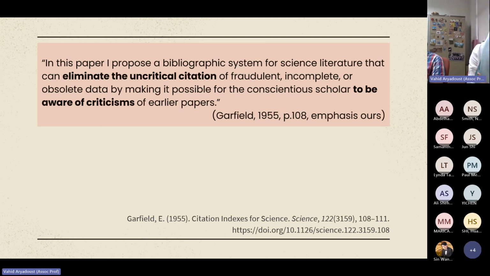Eugene Garfield, who started this whole idea of citation, started it for eliminating the uncritical citation of fraudulent, incomplete, and obsolete data by making it possible for the conscientious scholar to be aware of criticisms of earlier papers. So what he intended was for people to engage with citations rather than to count them per se, and to be able to trace the ideas that have been published.